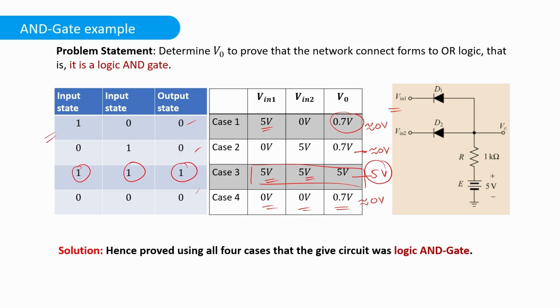So we can clearly see this is the third condition, right? When both states are on, we get an output. For this circuit, when input was applied at both terminals, we got an output. Otherwise, all other states resulted in 0 volts or very low voltage. So we can say that this circuit actually represents an AND logic gate. So it is proved.